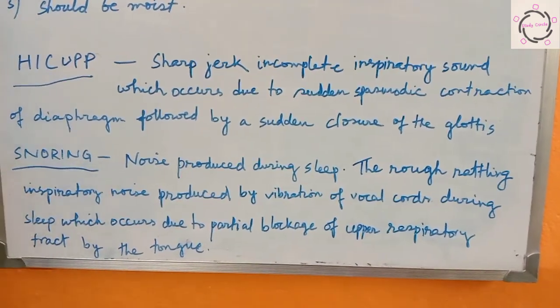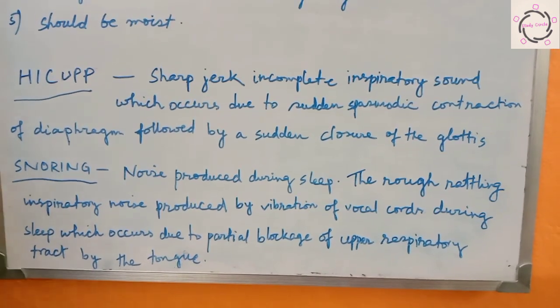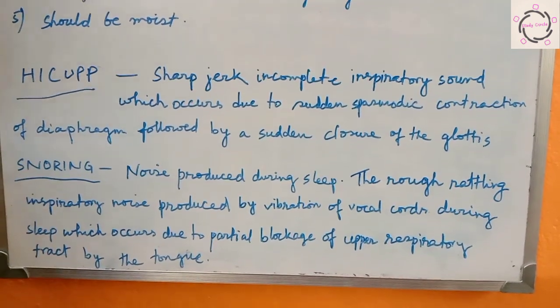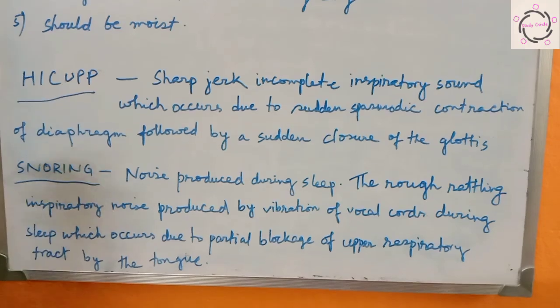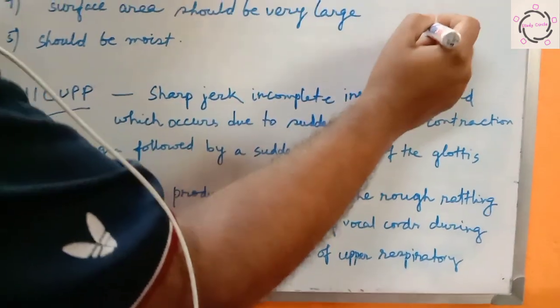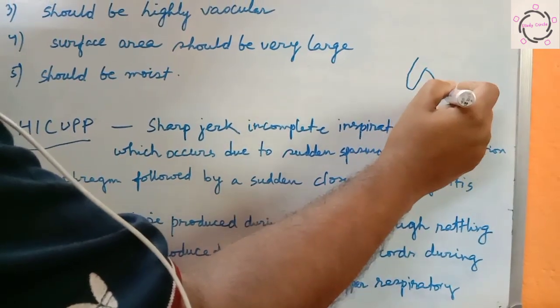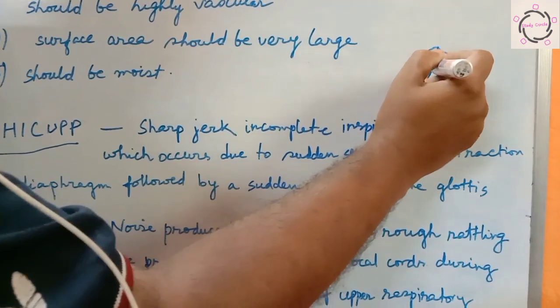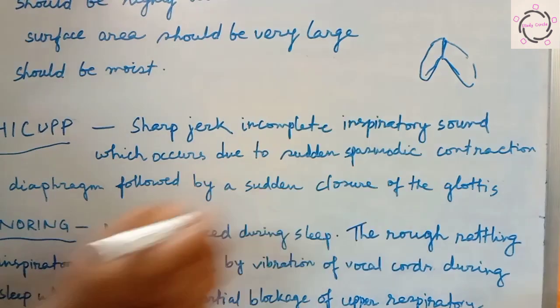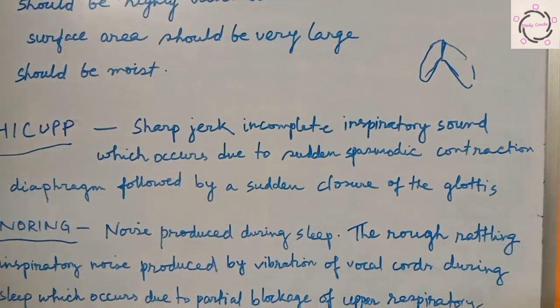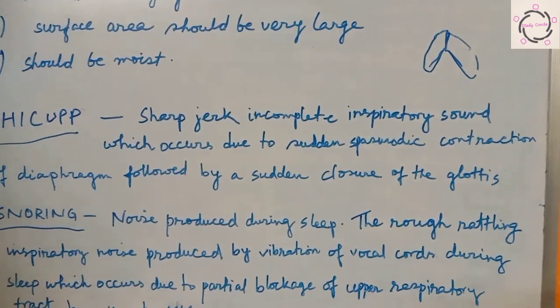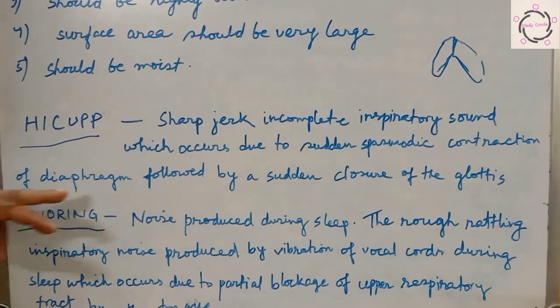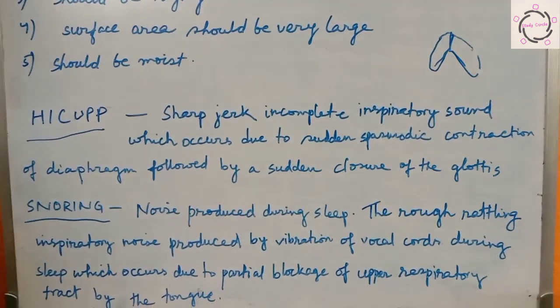Now the diaphragm, you know, is the position below the rib cage. If I draw it this way, this is the rib cage, and this part is the diaphragm. With spasmodic contraction, the diaphragm gets contracted, followed by a sudden closure of the glottis.